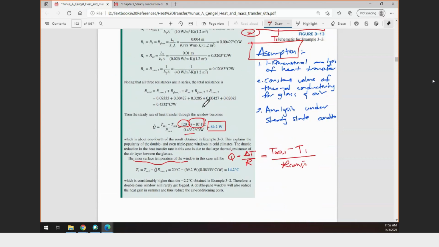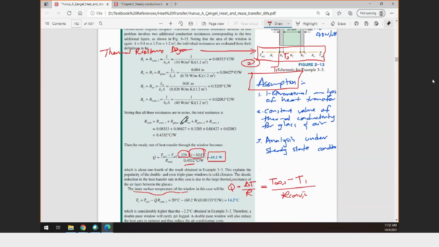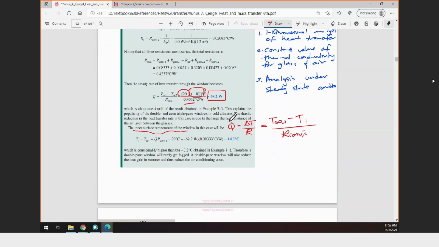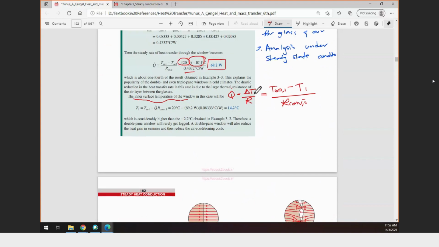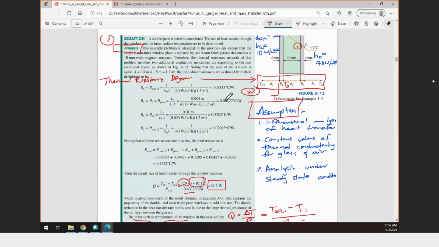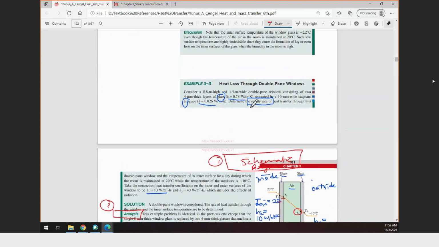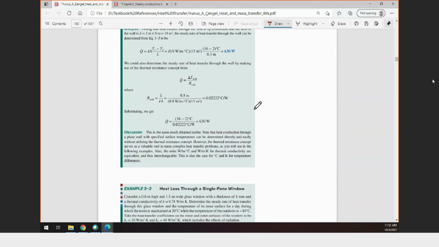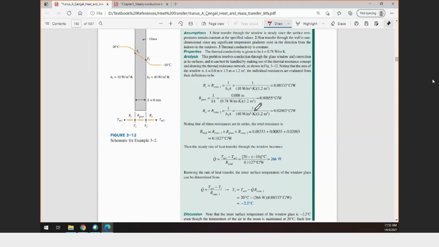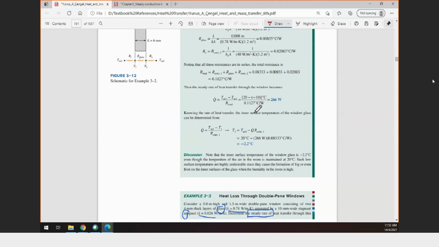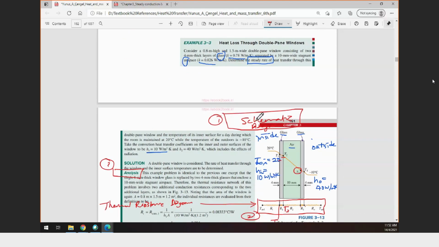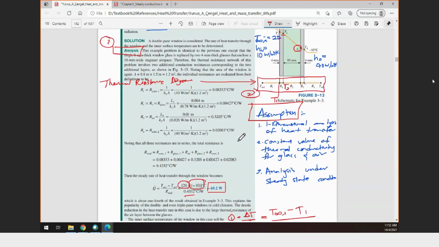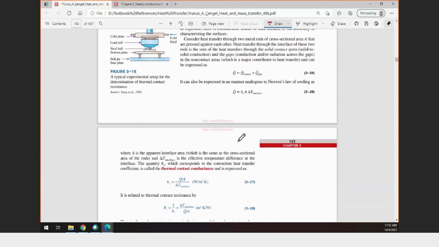By understanding this example, you can do more examples related to thermal resistance analysis for the plane wall. This is only for the plane wall. Next we will go to how to use the thermal resistance concept in the case of the cylinder and the sphere.